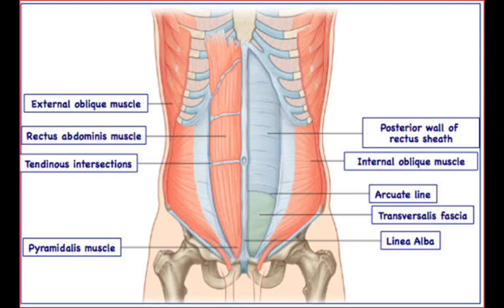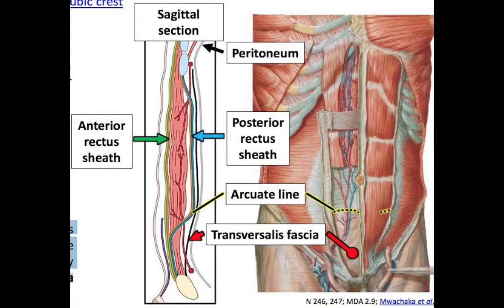The arcuate line, which is also called the linea semicircularis, is a horizontal line, concave downwards, and it demarcates the lower limit of the posterior wall of the rectus sheath. Importantly, the inferior epigastric artery enters this rectus sheath in front of the arcuate line.